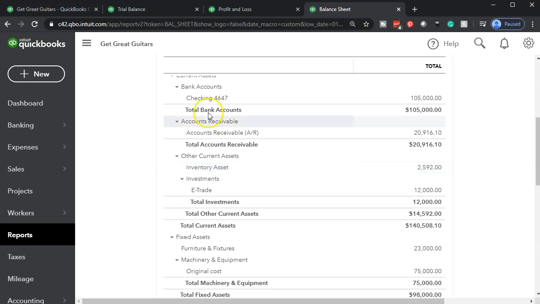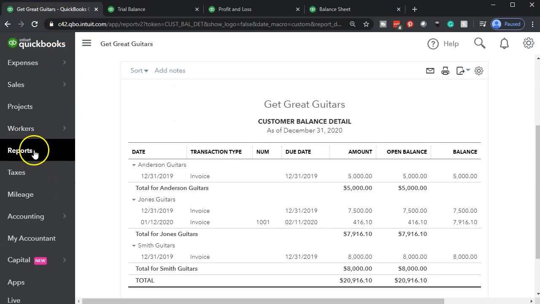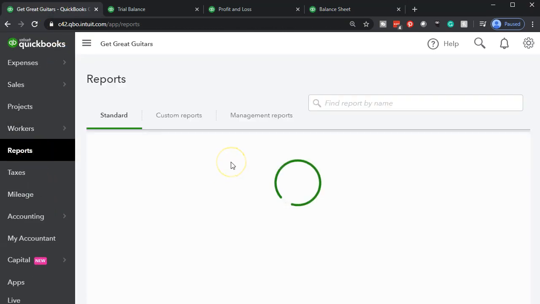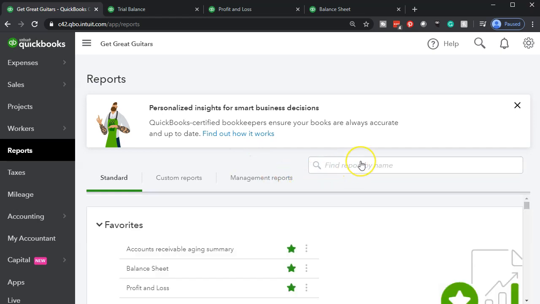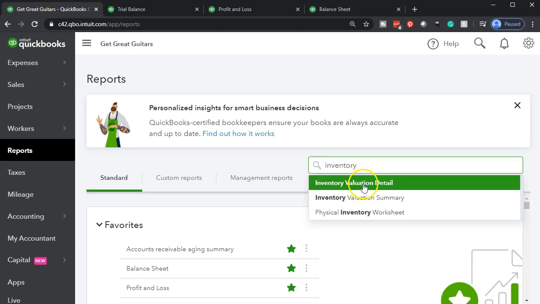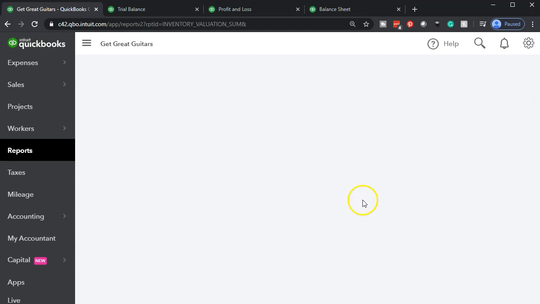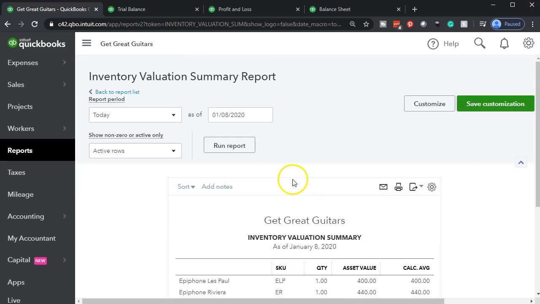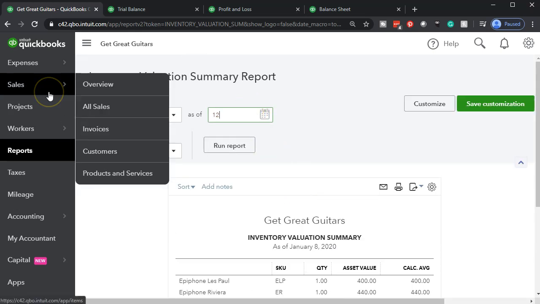So we can run an inventory type report by going back to the first tab, going back down to the reports below. I usually search for this one: the inventory valuation summary. Inventory valuation summary report as of 12/31/20.